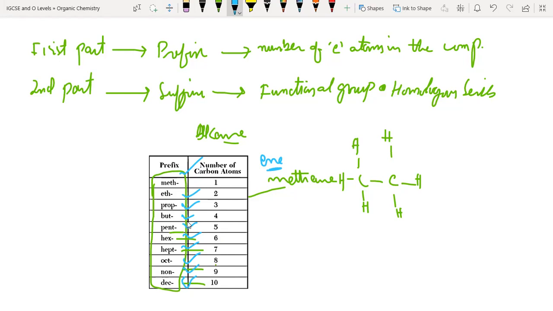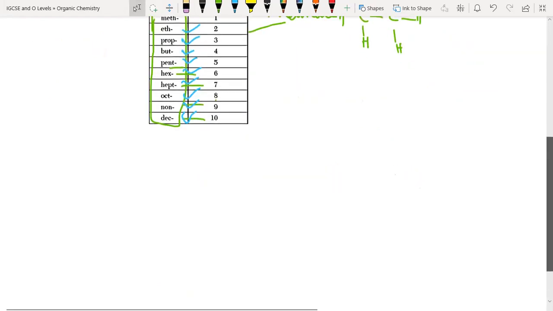Let us see some more suffixes from the syllabus.